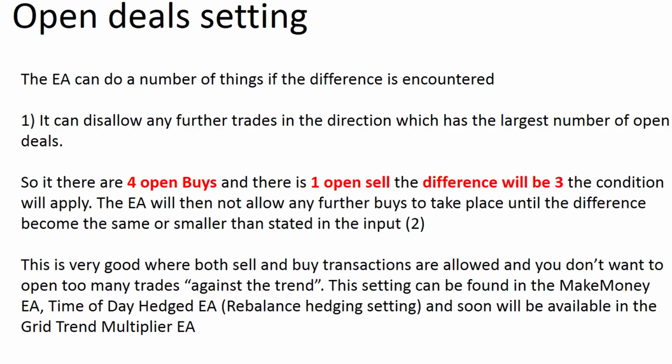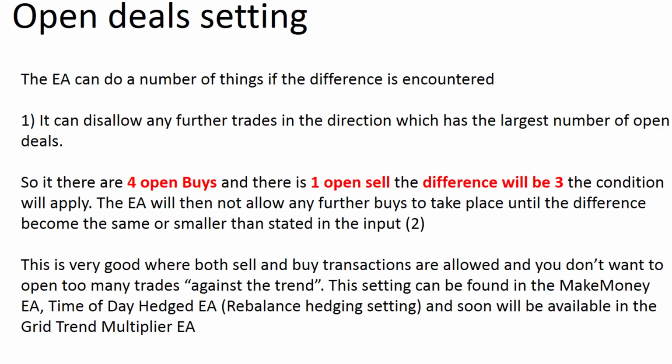So what it will do is simply disallow any future buy, so the difference cannot increase at all. And that condition will apply continuously until the difference becomes smaller, until there are maybe 4 buys and 2 sells.